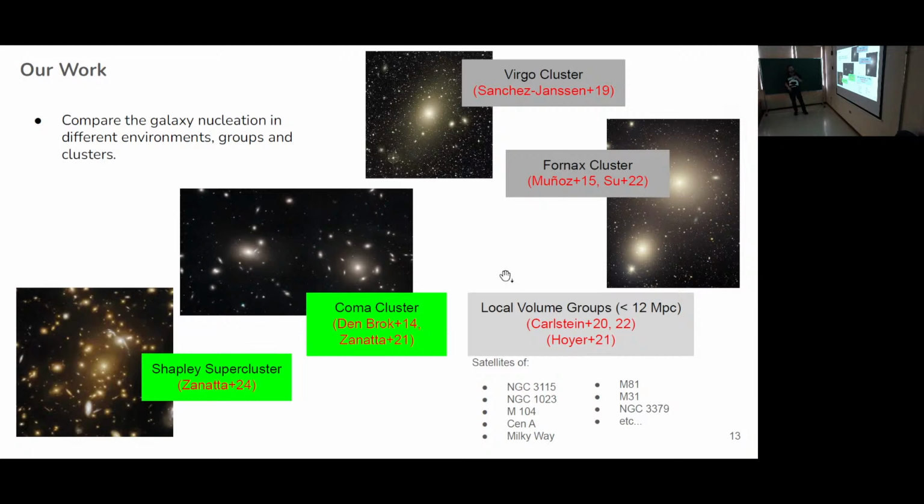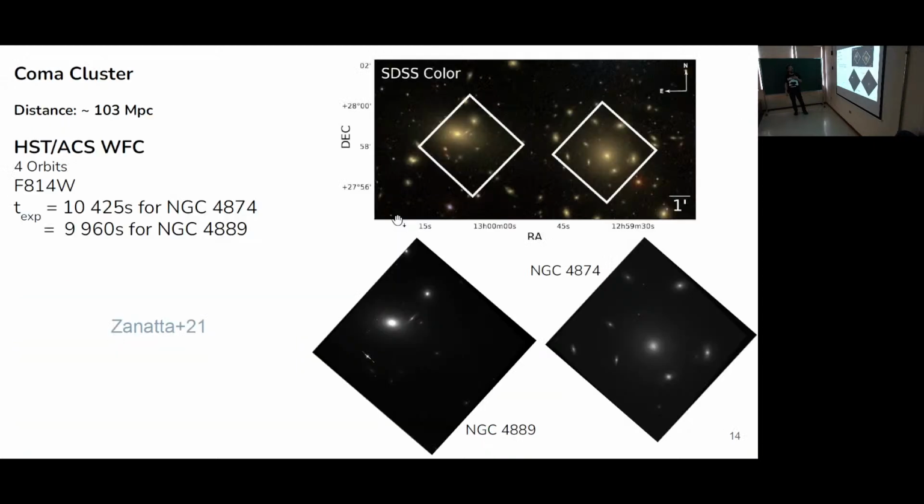In 2021 we added data for the Coma cluster, and very recently we added nucleation data for galaxies in the Shapley Supercluster, but this is a bit of a spoiler. I'll show more about this later. Now, about the new environments we included, and why.